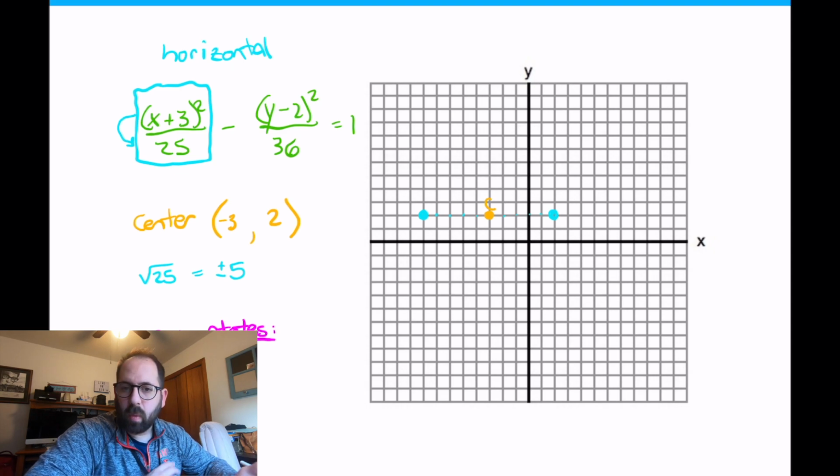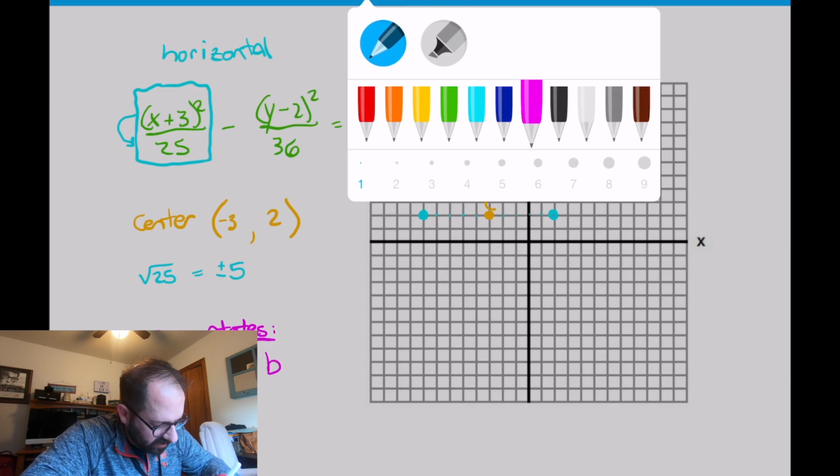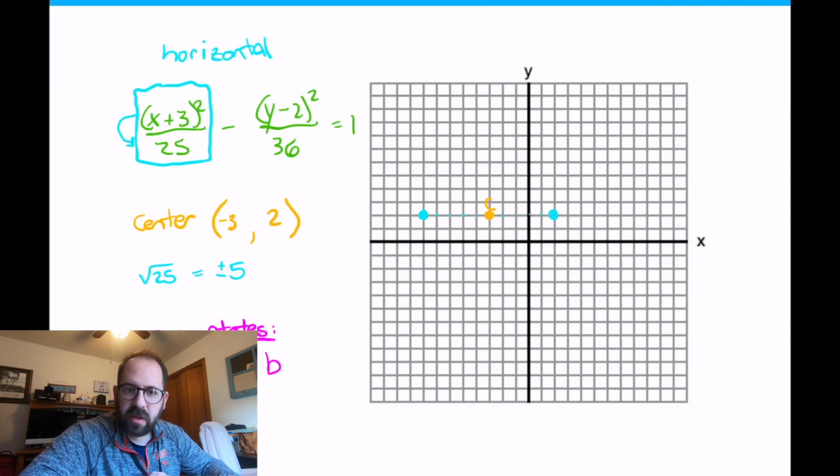A line is like y equals mx plus b, right? So y equals mx plus b. And you're going to use the center as your b number, so I don't need to put that in there. But for the slope, this m, you're going to use the numbers on the bottom of your fractions. So you're going to use that 36 and the 25, and we're going to take the square root of those. So it's kind of like the major minor axis idea again.